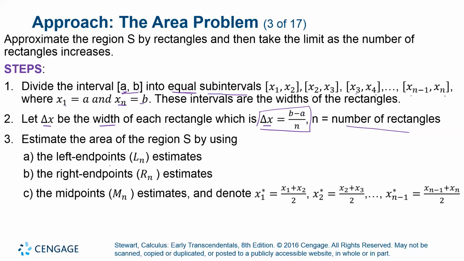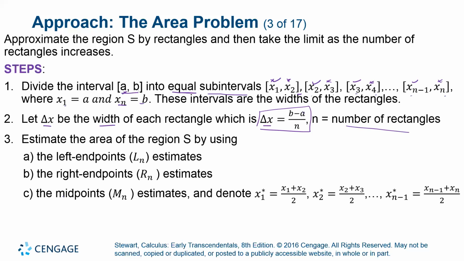Now, after we have done that, we can consider the left endpoints. That means in the first interval here, I'll use x1, and the left endpoints will be this, all the way to the end. Now, if you are dealing with the right endpoints, then we'll be using x2, x3, x4, x5, up to xn.